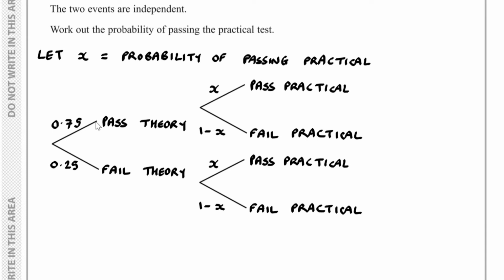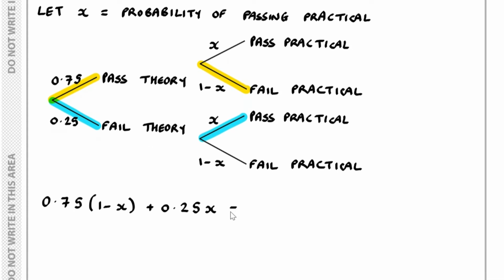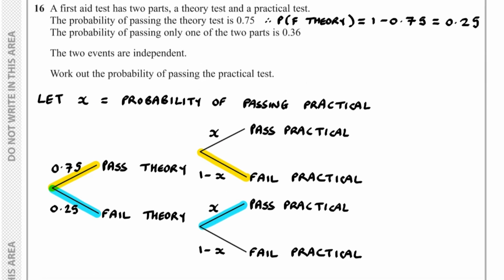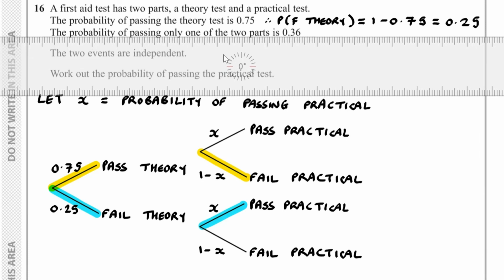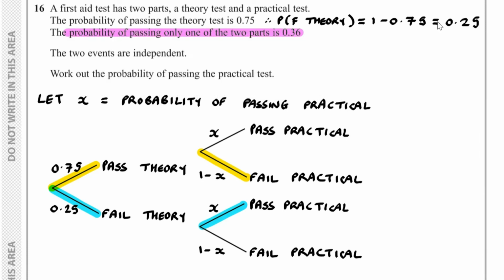So I could pass the theory, but then fail the practical, or I could fail the theory but pass the practical. So we've got 0.75 multiplied by 1 minus x, or we've got 0.25 multiplied by x. And this will equal 0.36. And this 0.36 would correspond to the probability of passing only one of the two parts.